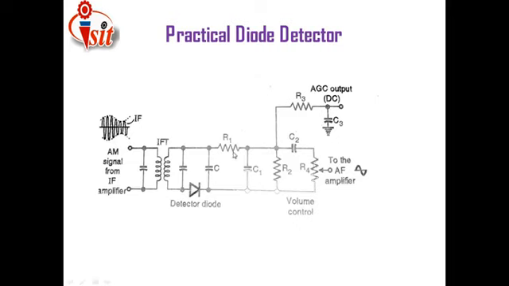And see the R1 and C1 position connected across this circuit: R1 is connected in series and C1 is connected in parallel. If a resistor is connected in series and a capacitor in parallel, then these two components form one filter.